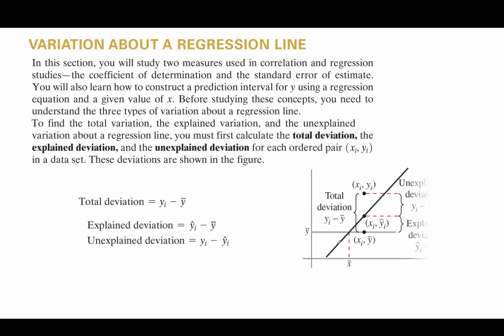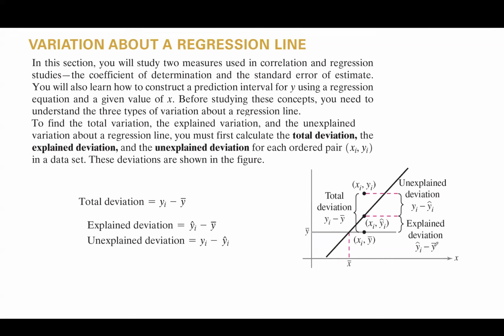For a regression line, any point like x i and y i might be above the line or below the line. In this case, we are assuming that it's above the line. We can calculate the residual, which is the difference between these 2 points. In this case, the residual is positive. The unexplained deviation is y i minus y i hat. Y i is the actual y value and y i hat is the predicted y value.